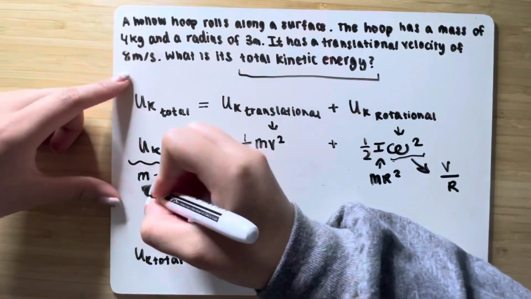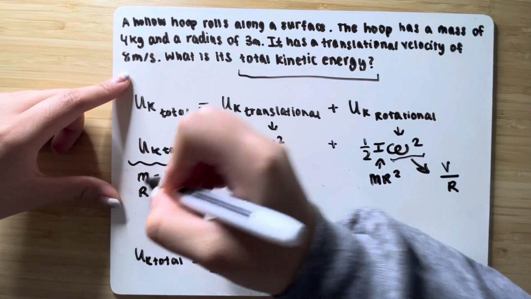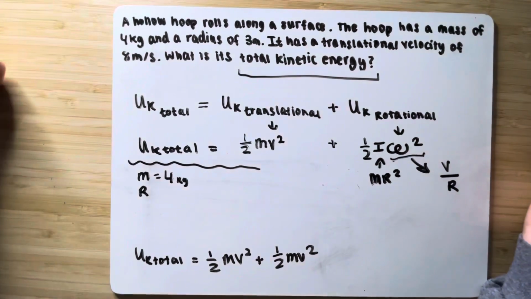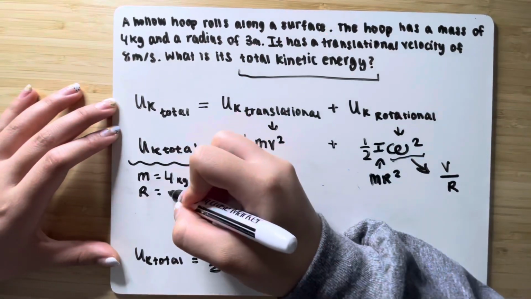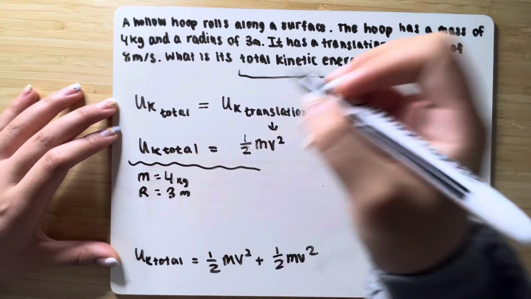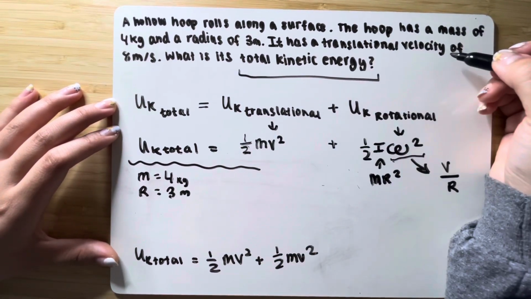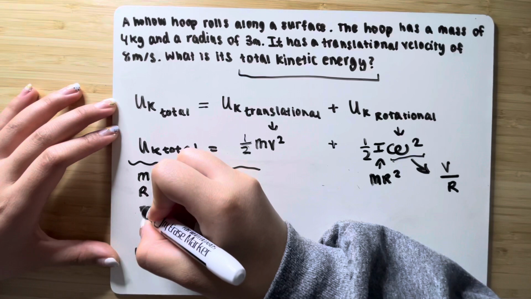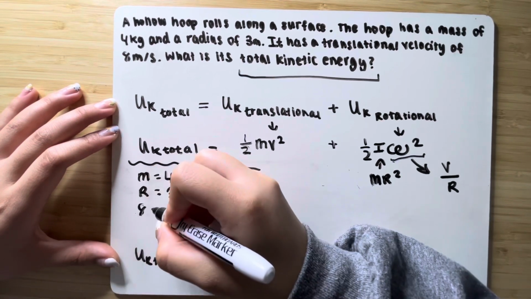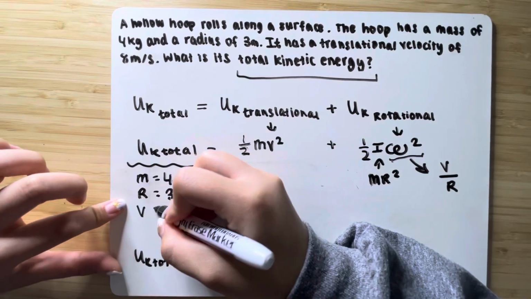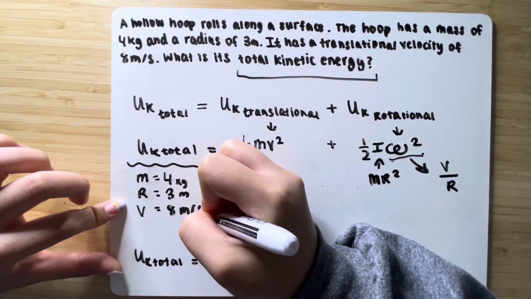The radius, big R, stands for radius, is equal to 3 meters. And we know that the velocity equals 8 meters per second.